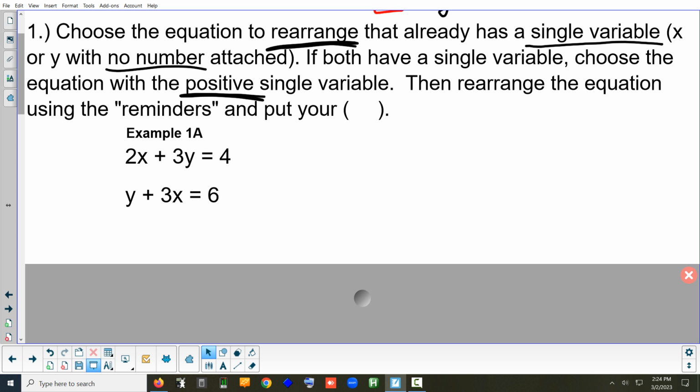The Y. That's going to be what we want to get by itself. We're going to get that Y by itself. What's on the same side as the Y that we're going to have to move? Something next to the Y that I don't want. I don't want this positive 3x.